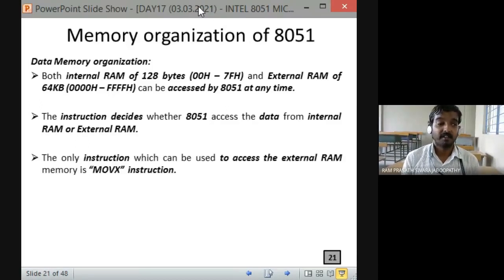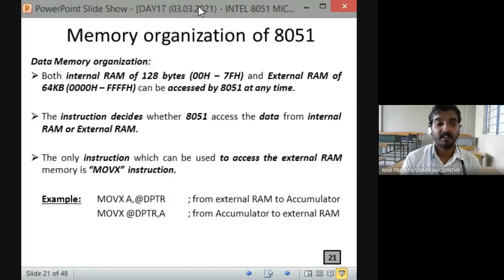The only instruction which can be used to access the external RAM is MOVX. MOVX A, @DPTR means from external RAM we are taking data to the accumulator. So we have only two instructions here to access data between the external data memory and the microcontroller.